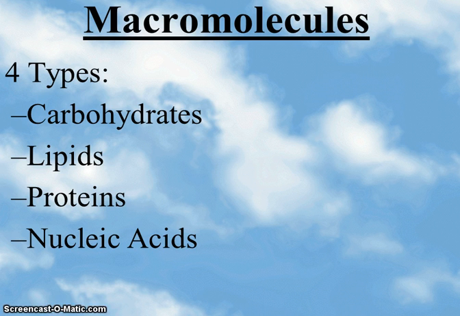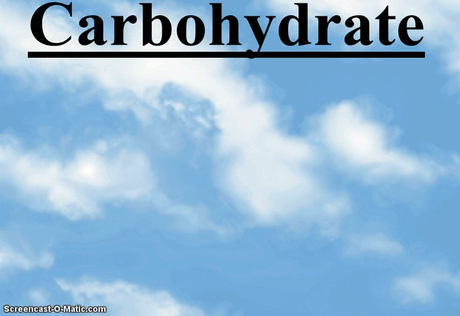And in this particular video, we're just going to talk about carbohydrates. So let's look at the word carbohydrate and break it down, because again, it's got components to it that help us explain what a carbohydrate is composed of. So we have carbon in the name, and we have hydrate in the name. And remember that when we talk about hydrate, we're dealing with water.